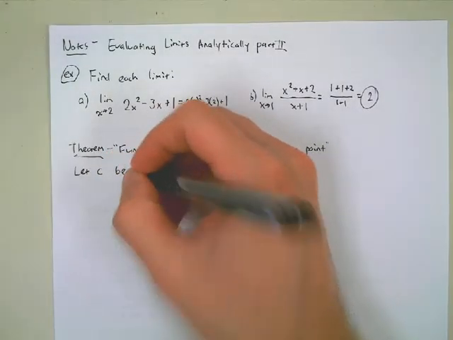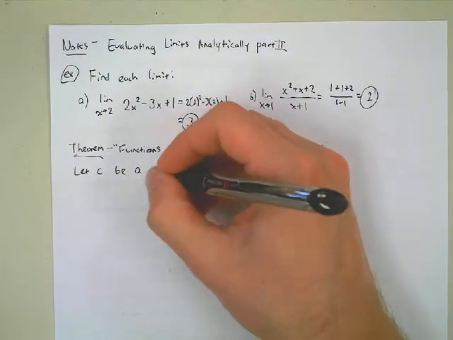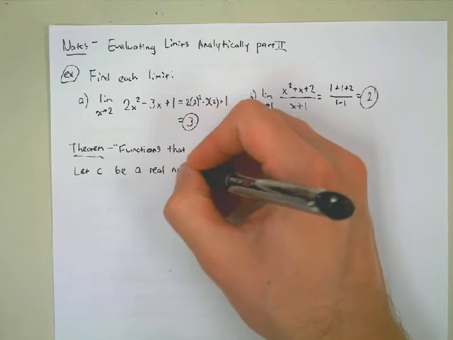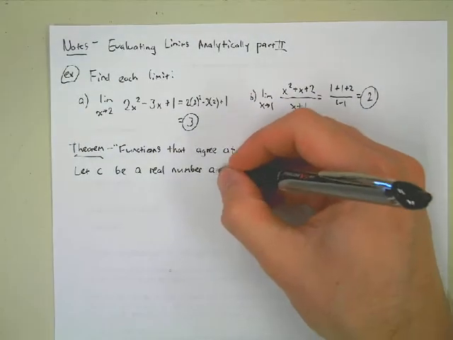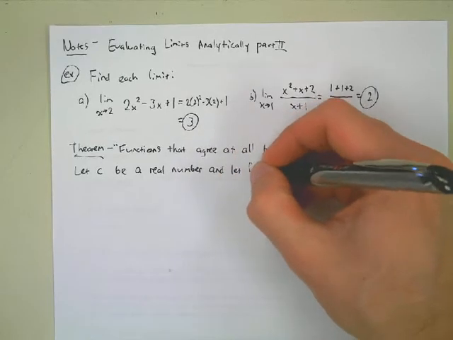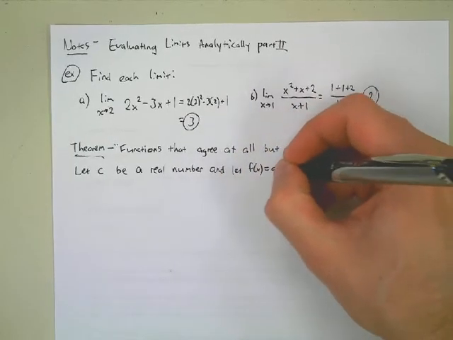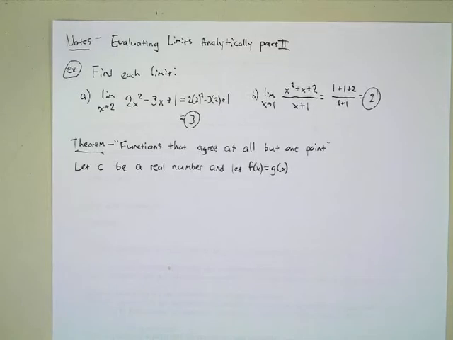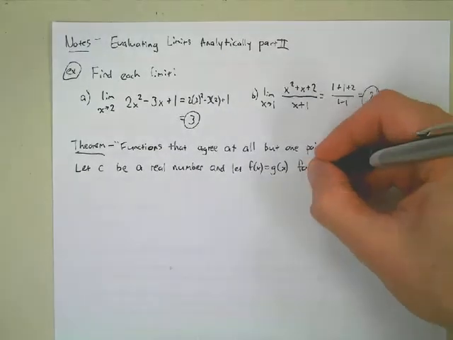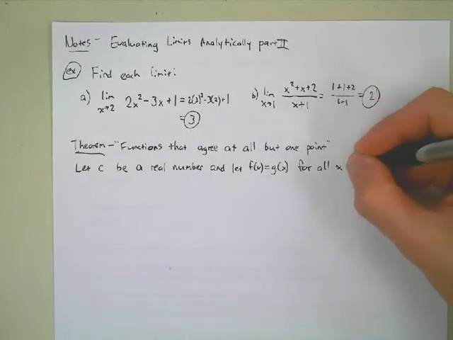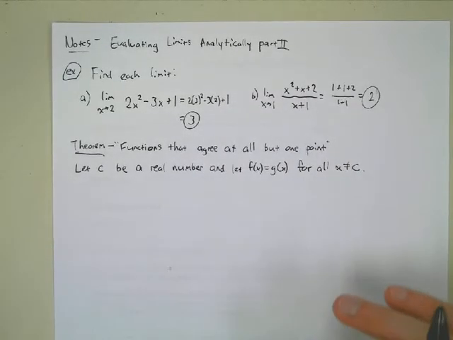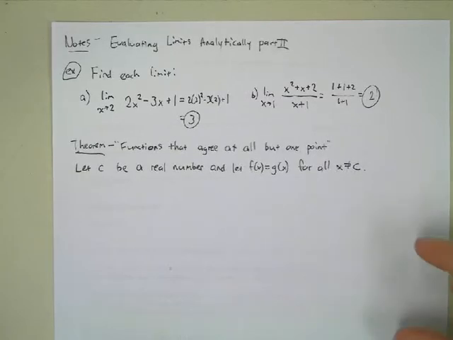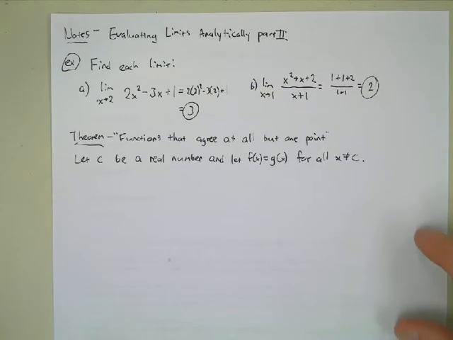So let's see. Let c be a real number, and let f of x equal g of x for all x not equal to c. Let's break this down real quick, because I know some of you, when we start writing in math language, think I am completely lost, this makes no sense to me.